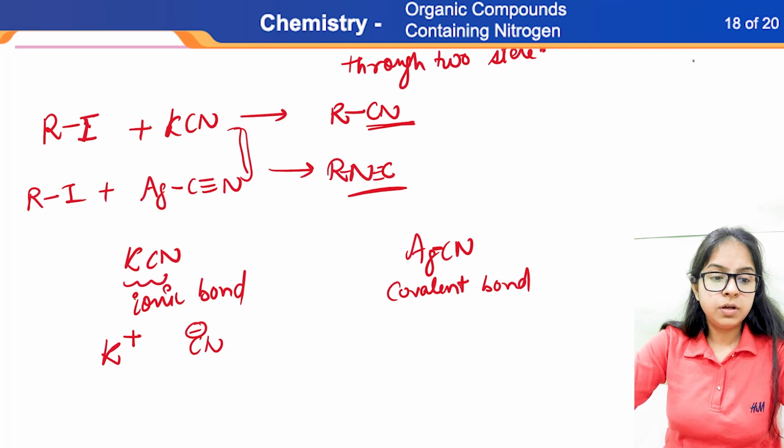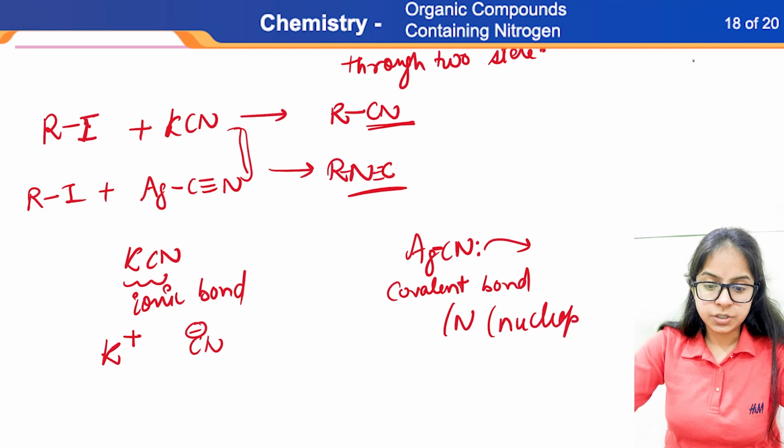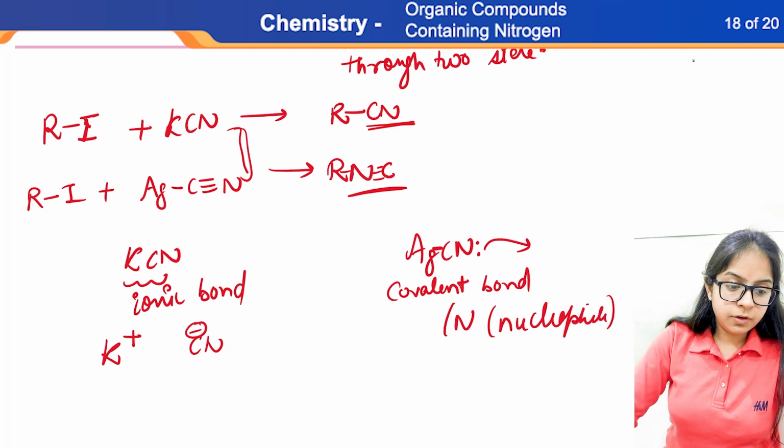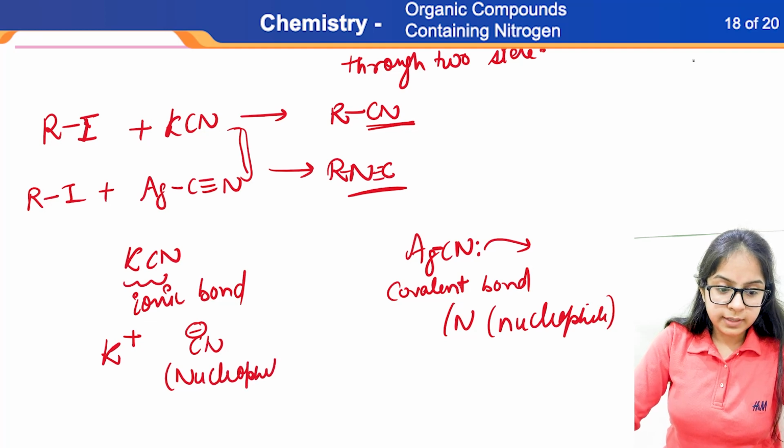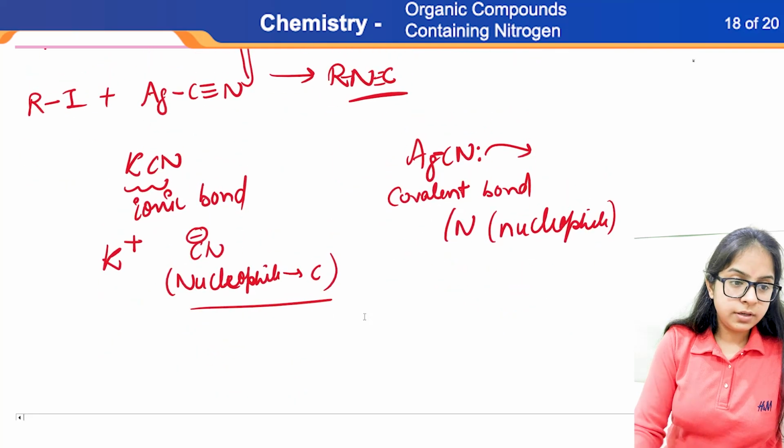Nitrogen has a lone pair over here, so the nitrogen can act as a nucleophile. Here the nucleophile is nitrogen; there the nucleophile is carbon.